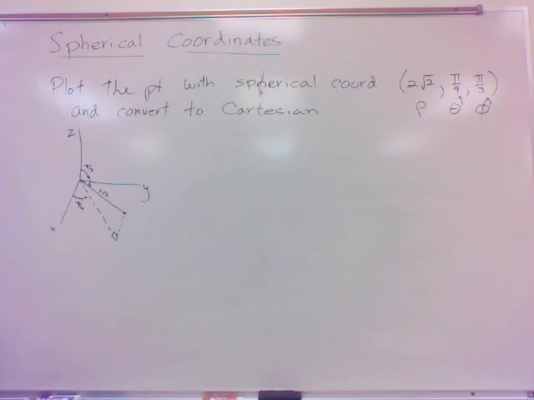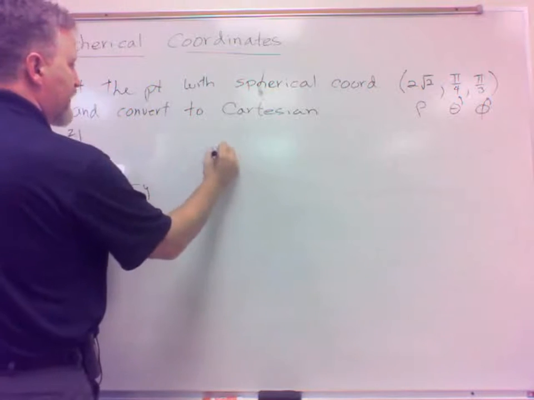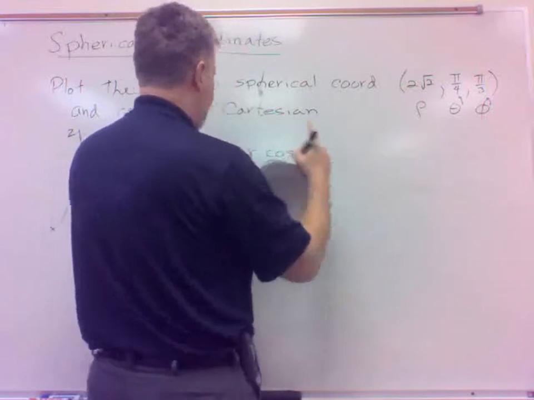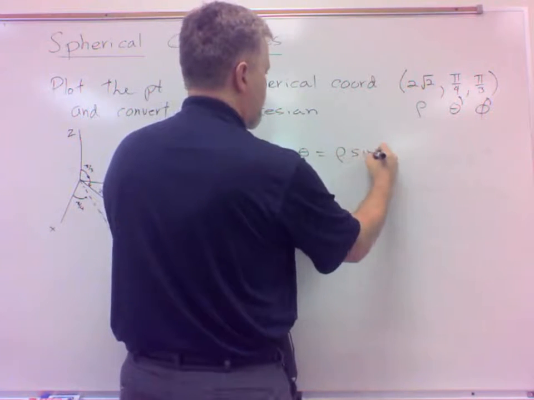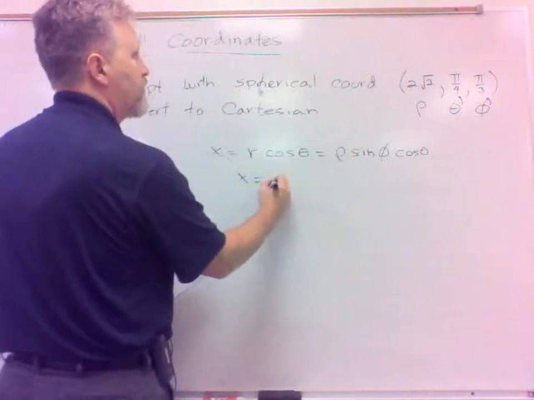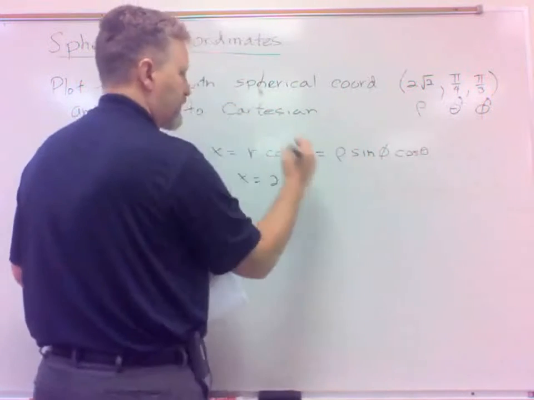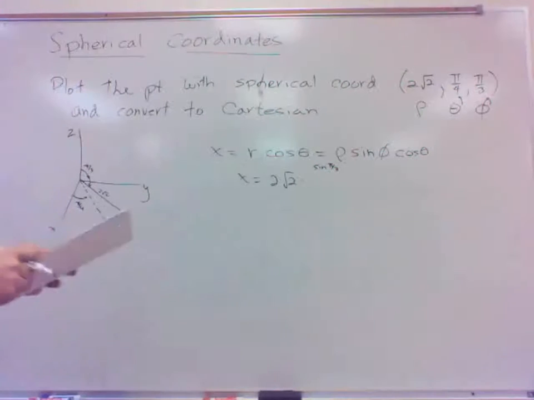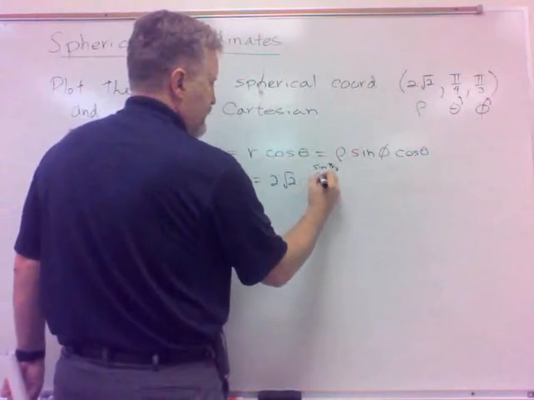All right. Now in Cartesian, we know x equals r cosine theta, and r is rho sine phi. And so x is going to be rho, which is 2 square root of 2, times sine of phi, sine of pi over 3, which is square root of 3 over 2.